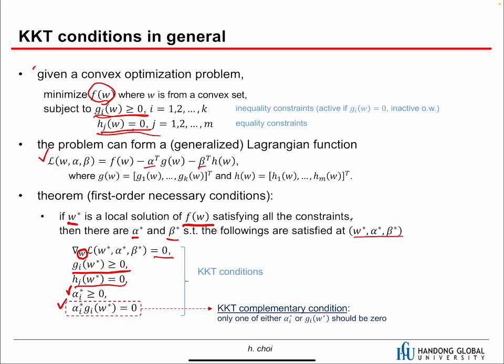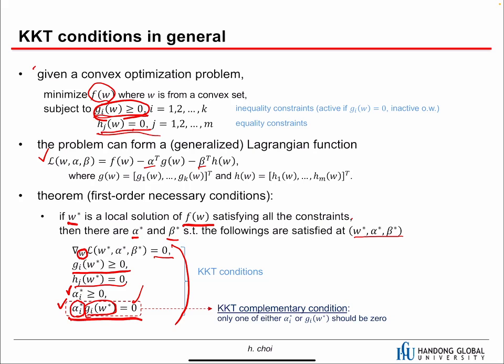And then this one is especially important because these are KKT conditions, but this one is actually the KKT complementary condition. Okay, so we're gonna use this one many times. But anyway, what this equation says is that when we have an inequality constraint, then either this Lagrangian multiplier or this equation should be 0.